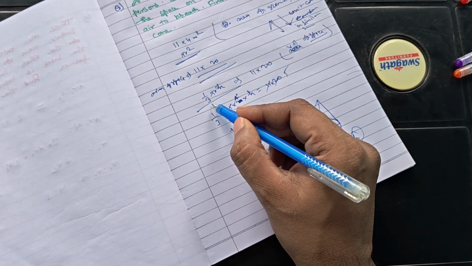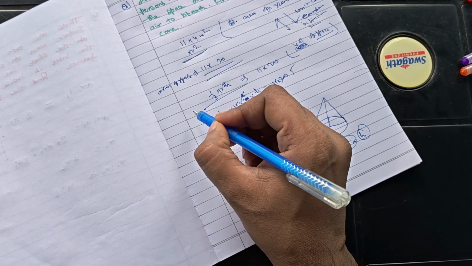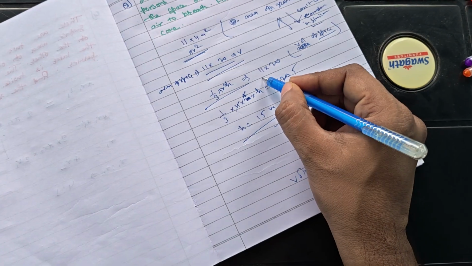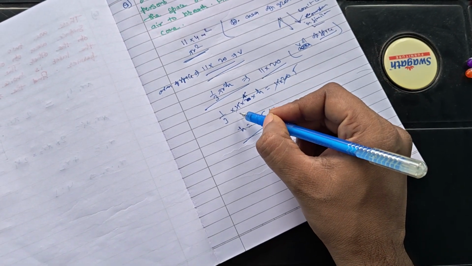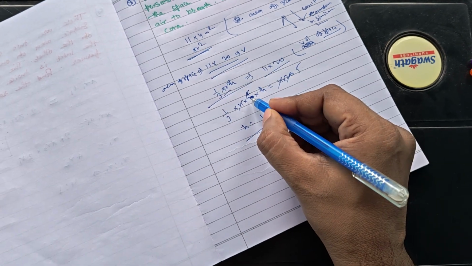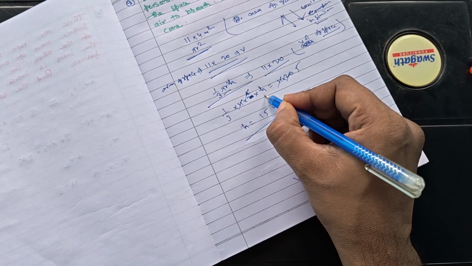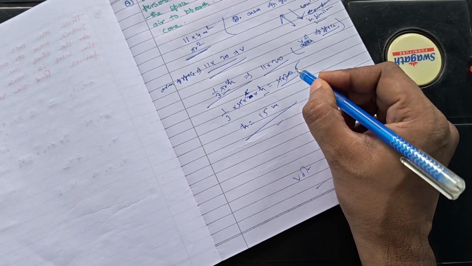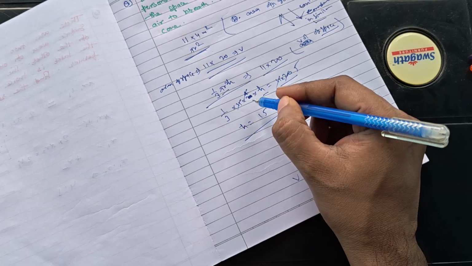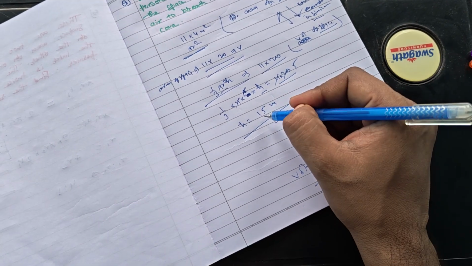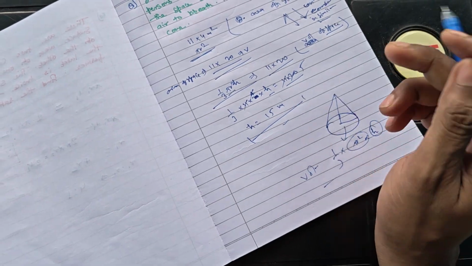That is equal to volume 1 upon 3 pi r square h, which is 11 into 20, and we know pi r square is 11 into 4, so 11 into 4 into h is equal to 11 into 20. 11 cancel out, and 4 5s are 20, h becomes 15 meter.